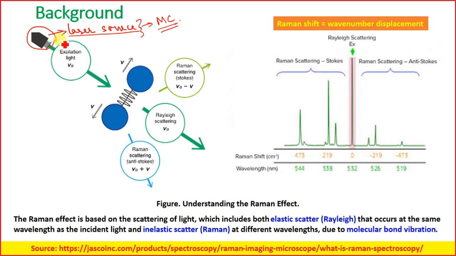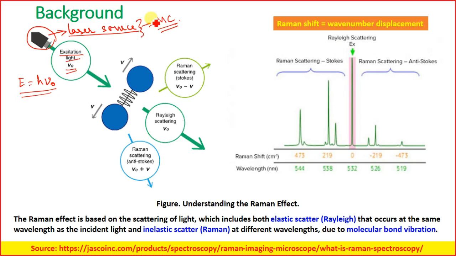Now herein, if you see, we are using a laser, and this laser is being used for the excitation purpose. Say for example, this laser emits the excitation light at a frequency of mu 0. Okay, so the energy of this laser light, E, will be equal to h mu 0.